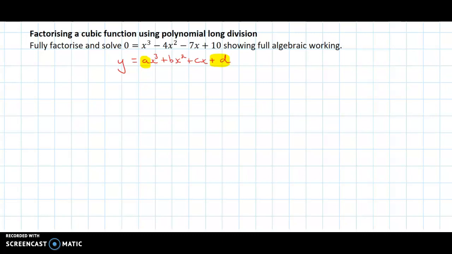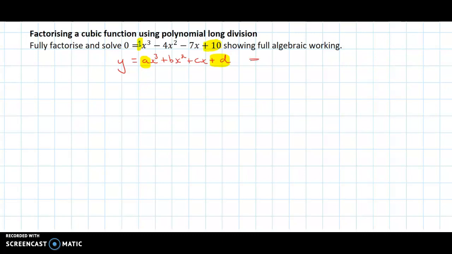If I look at what's next to the x cubed, hopefully you've identified that there's a 1 there. It's not written, but there is a 1 there. So 1 is the a value, and this plus 10 at the end is our d value.